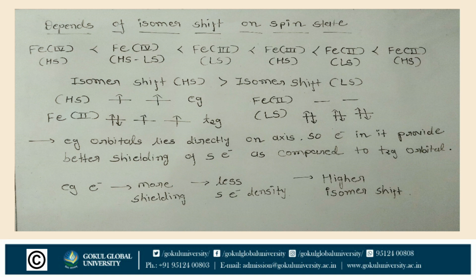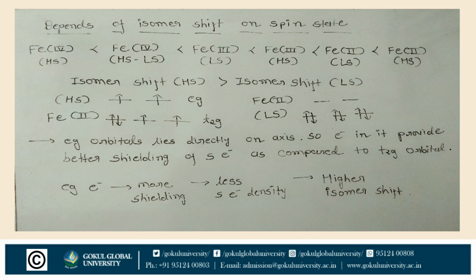If we see in the case of iron 57, we will find that the high spin iron plus 6 oxidation state has the lower isomer shift as compared to the high spin to low spin crossover for the iron plus 4 oxidation state, while the iron plus 3 low spin complex will have a higher shift as compared to this, and then comes the iron plus 3 in the high spin state, then the iron plus 2 low spin complex, and the highest will be for the iron plus 2 in the high spin state.